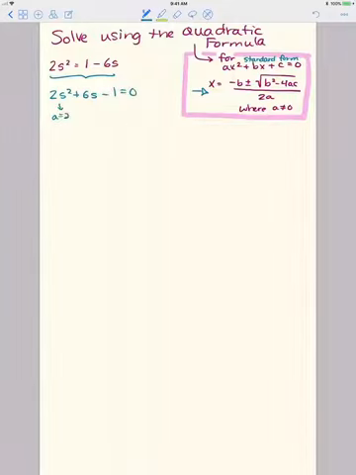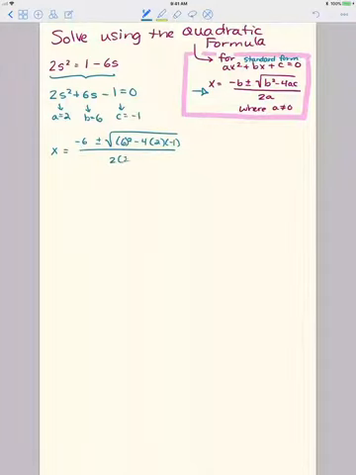The a term is 2, the b term is 6, and the c term is negative 1. So plugging those into the quadratic formula, we get negative 6 plus or minus the square root of 6 squared minus 4 times 2 times negative 1, all over 2 times 2.